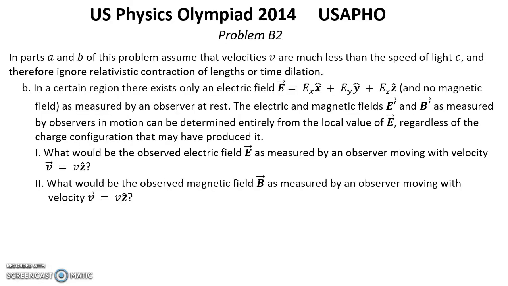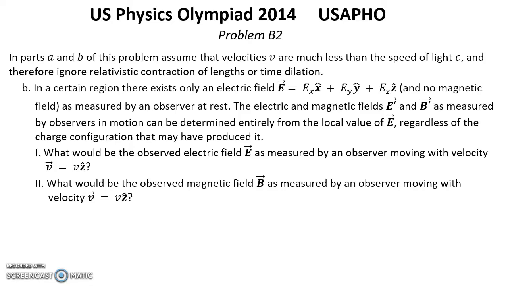Part B. In a certain region there exists only the electric field E in the form of Ex plus Ey plus Ez and no magnetic field, as measured by an observer at rest. The electric and magnetic fields E' and B', as measured by observers in motion, can be determined entirely from the local value of E, regardless of the charge configuration that may have produced it.